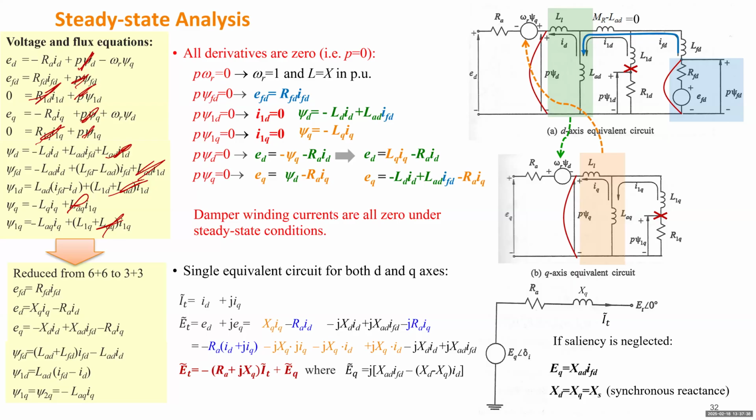I don't understand your question. Why is this a vector? Why are XD and XQ equal?